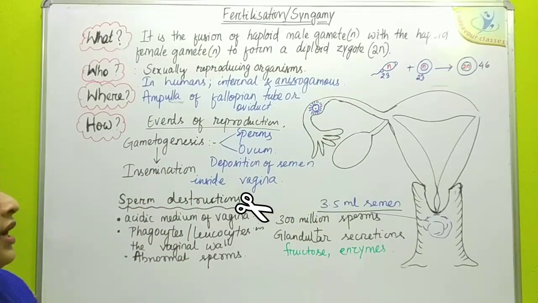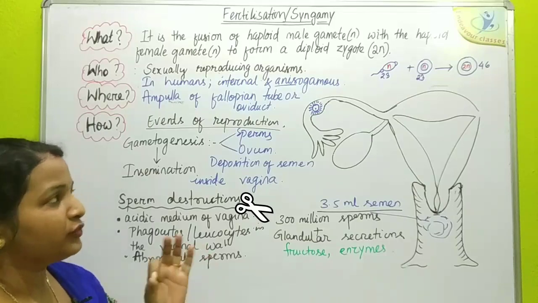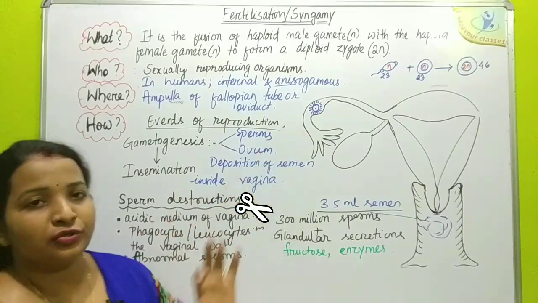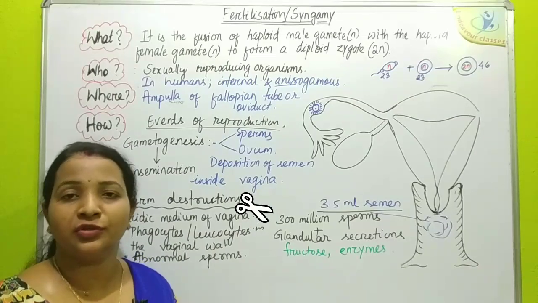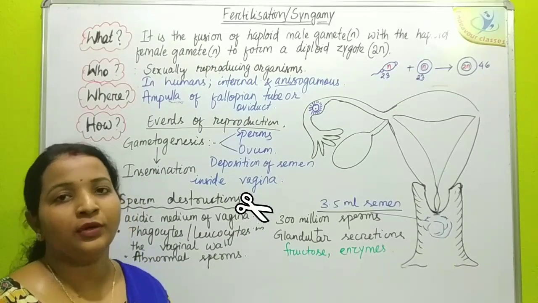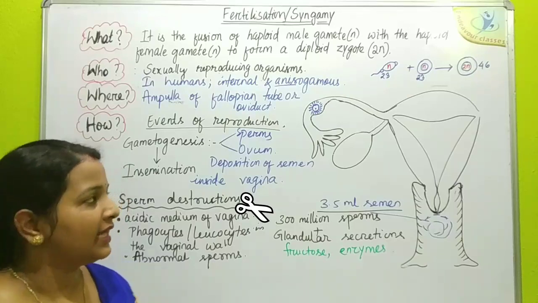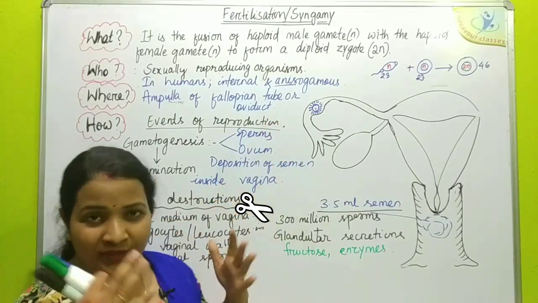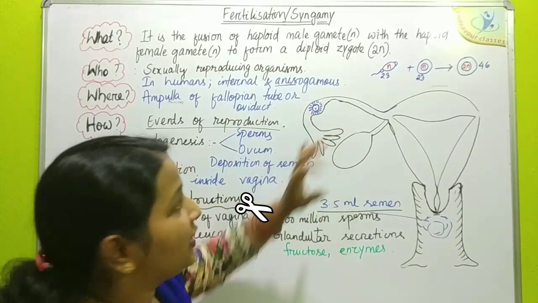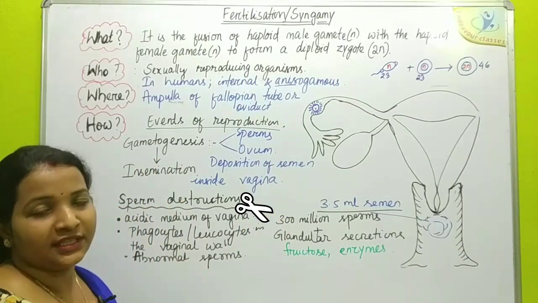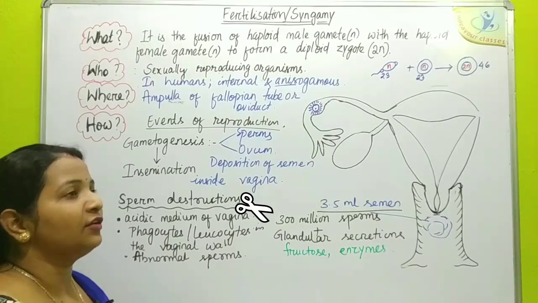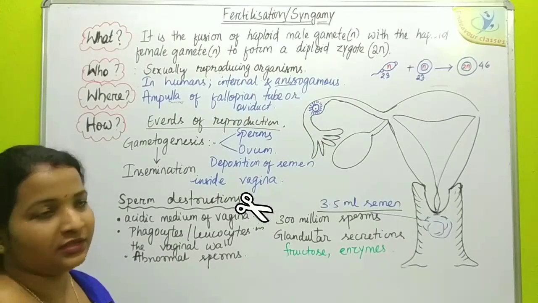Remember, after ovulation, fertilization should occur within 24 hours, because we know that the lifespan of the secondary oocyte after ovulation inside the ampulla is only up to 24 hours. If fertilization does not occur within that 24 hours, then the possibility of fertilization during that month ends.